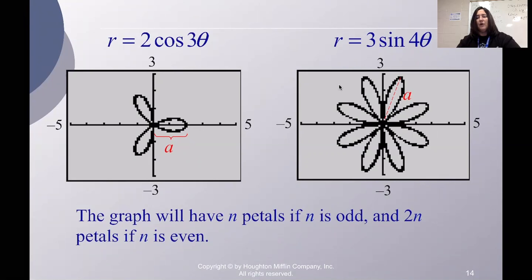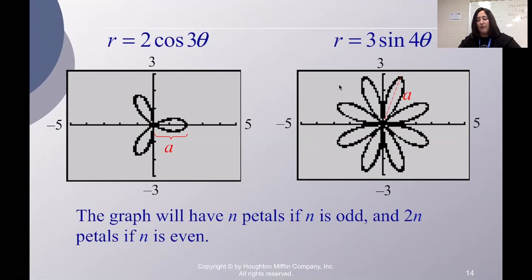One of the questions on the homework also asks to find the zeros of r. That is when the petal is coming back into the origin. So you may have to, like in this case, figure out how often those petals are coming in. If you have 8, you would do 2 pi divided by 8, which is going to give you pi over 4.